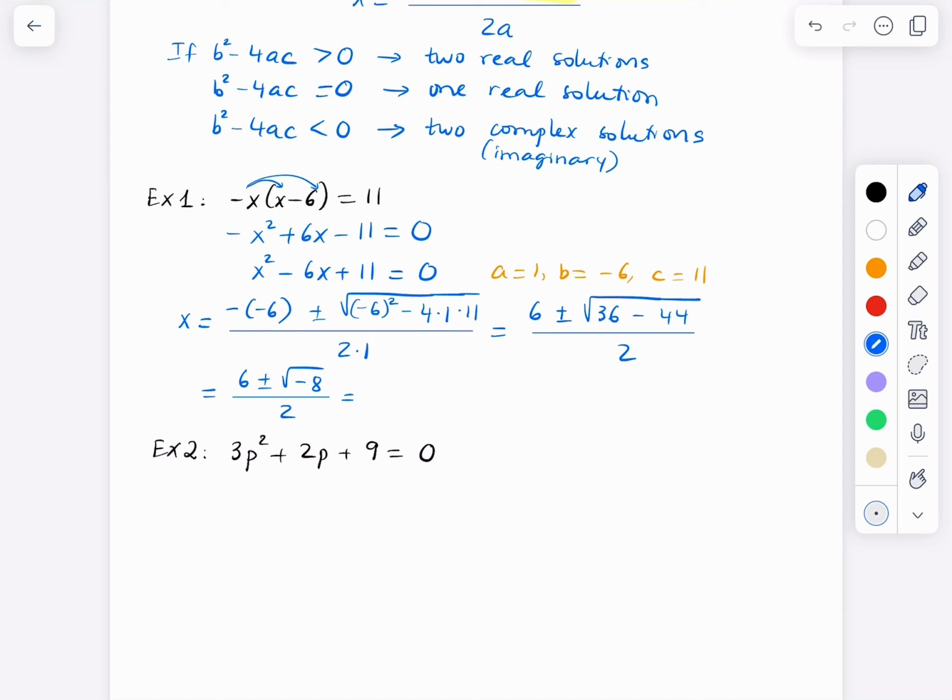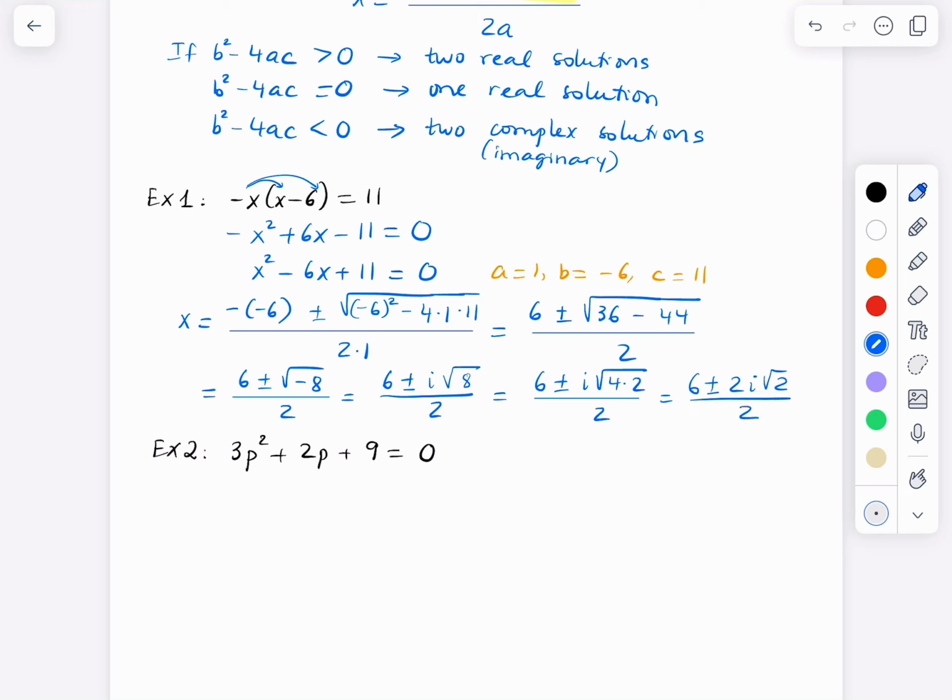We can simplify this further. Square root of negative 8 will become i square root of 8, and square root of 8 can be factored as 4 and 2. I want a perfect square there so I can pull it out. So 6 plus or minus square root of 4 is 2, so 2i square root of 2 over 2.